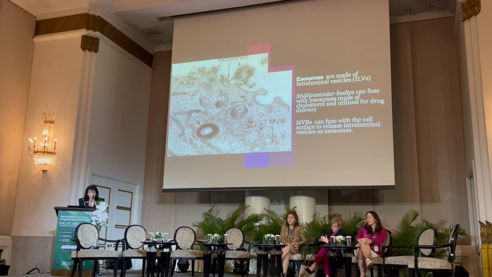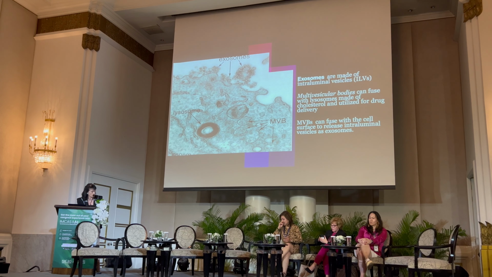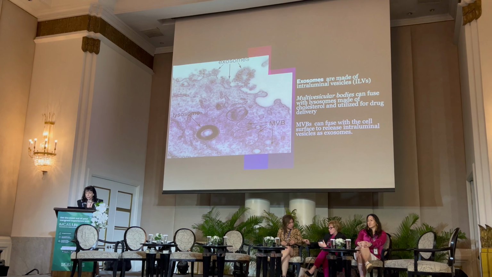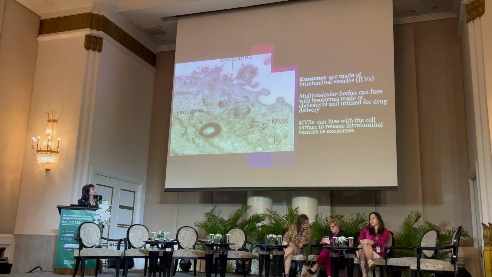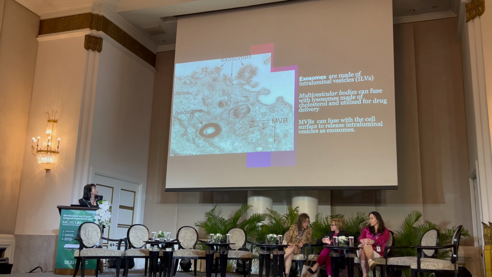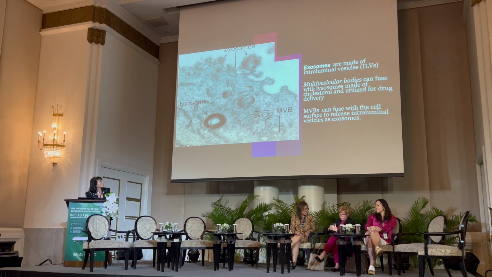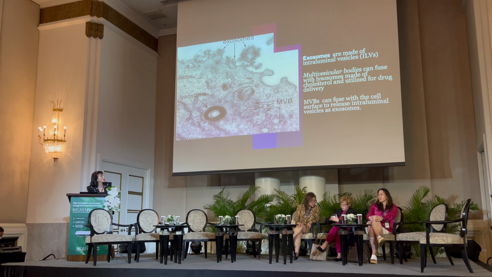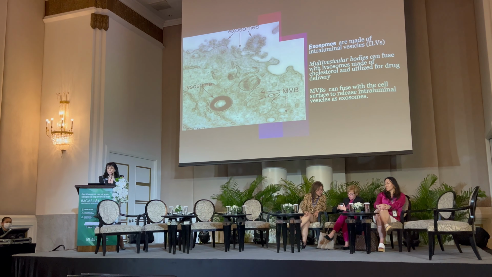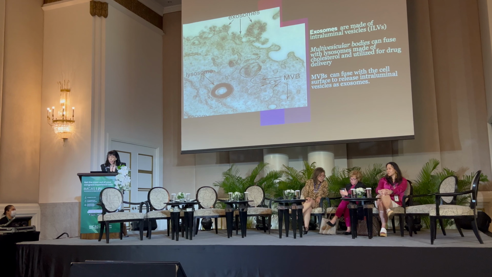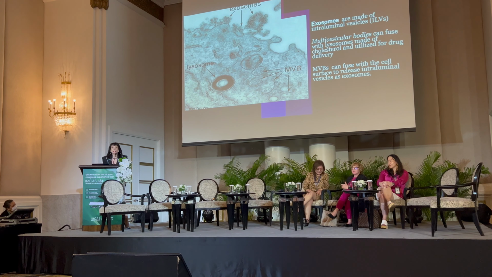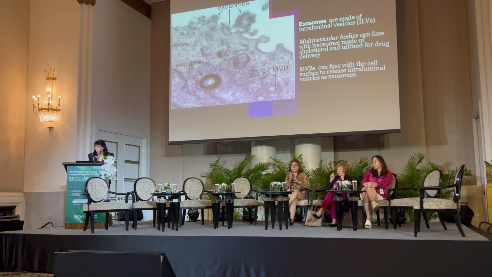Here you can see the exosomes coming out of the plasma membrane of the cell. You can see the lysosome and the multivesicular bodies that can fuse either with the lysosomes or with the plasma membrane and release the intraluminal vesicles, which become the exosomes.